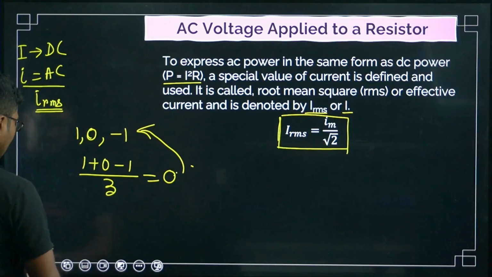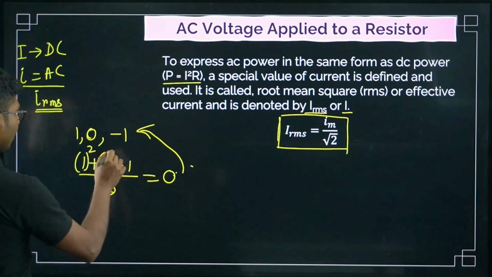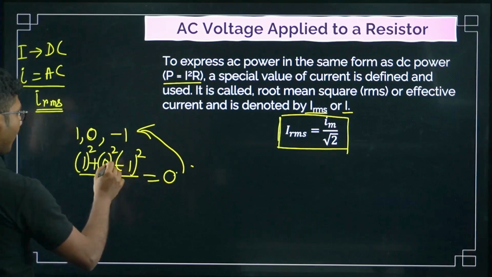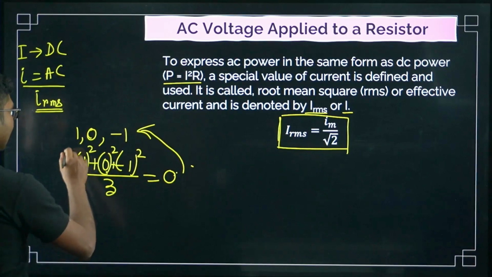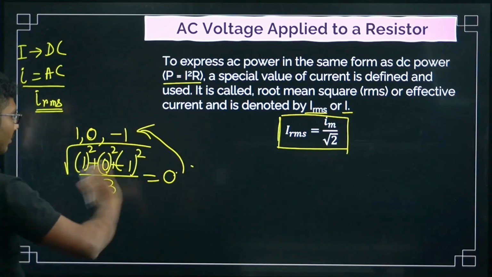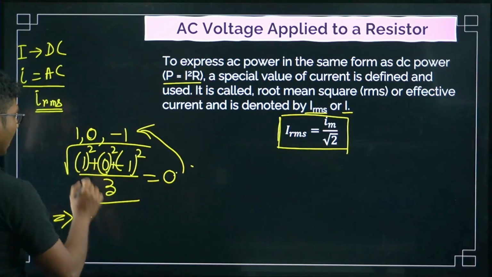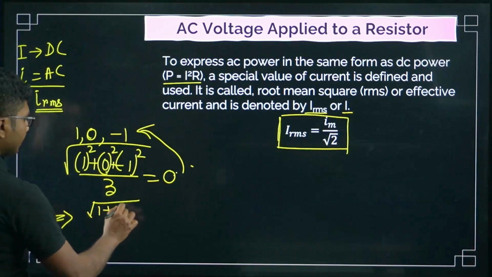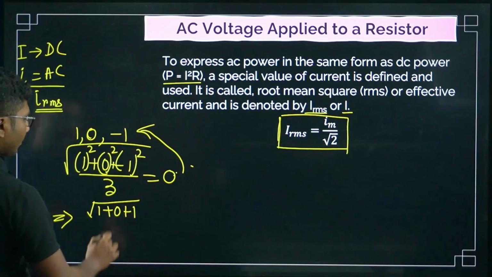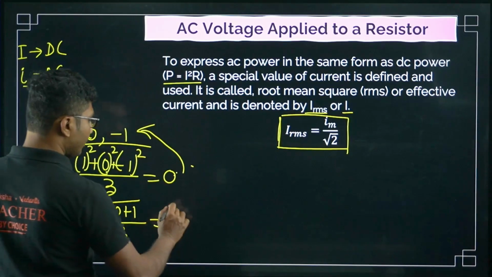So if I say the RMS value, what they do? They just square all the numbers, then add them, and then they take a square root of that. So basically we have ignored all the negative values. Now what are we left with? 1 square is 1, 0 square is 0, minus 1 square is another 1, so it is 2 by 3 under the square root.